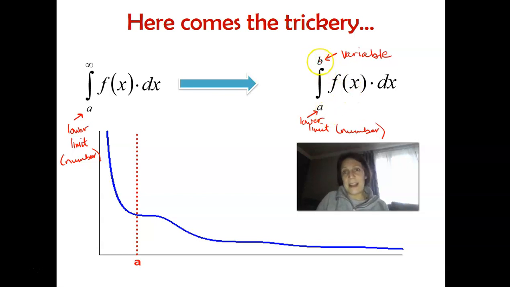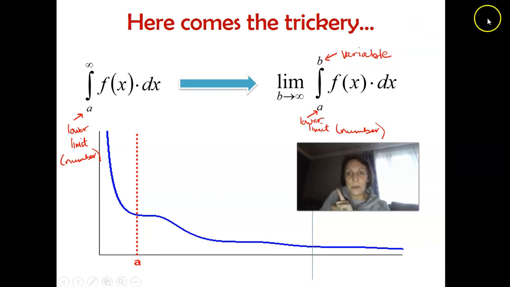I'm just saying, hey, I'm going to put a placeholder in here for some number, and I'll deal with the number later. So the first thing we're going to do is actually evaluate the integral. When we evaluate the integral and do upper minus lower, we're going to get an answer in terms of b. Our answer is going to have b in it. And then to turn it back into the thing I originally wanted, I'm going to take the limit of that as b approaches infinity.